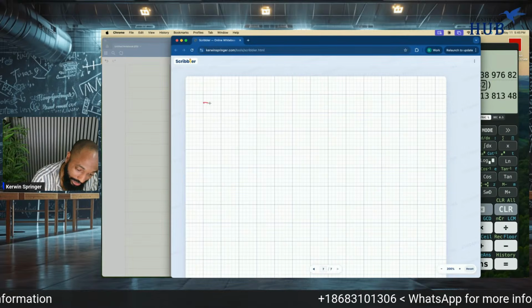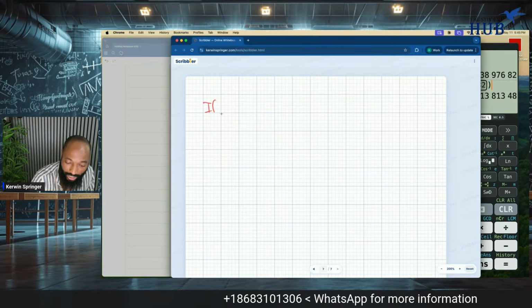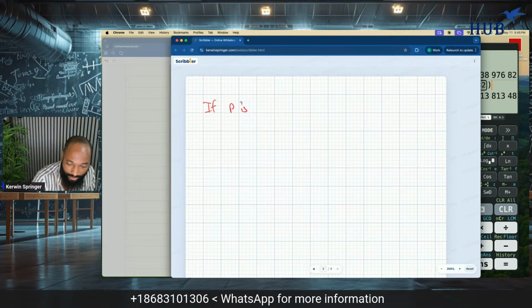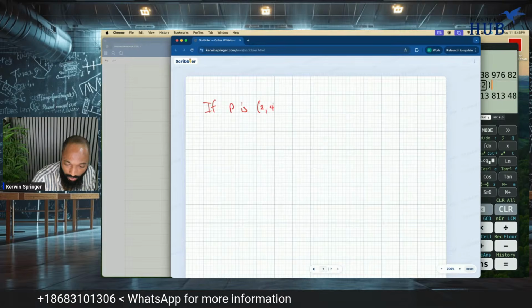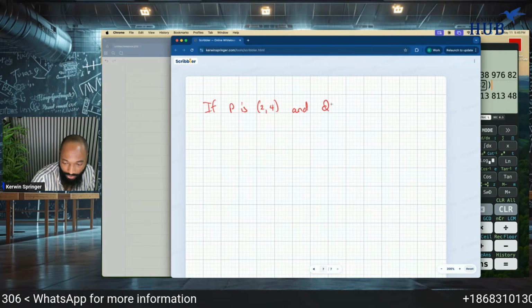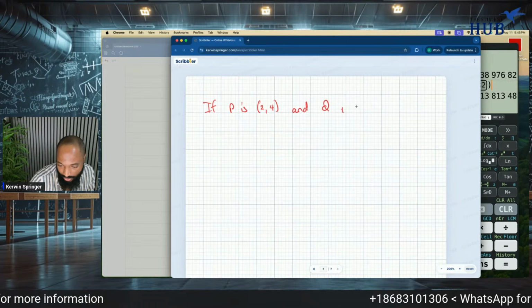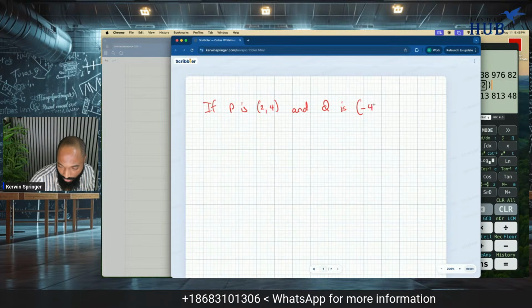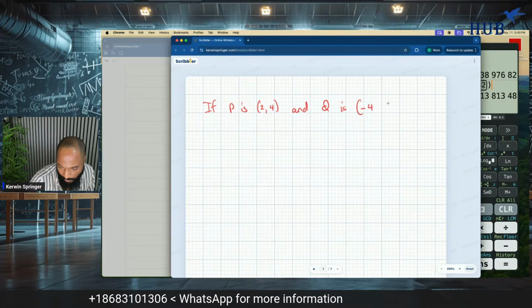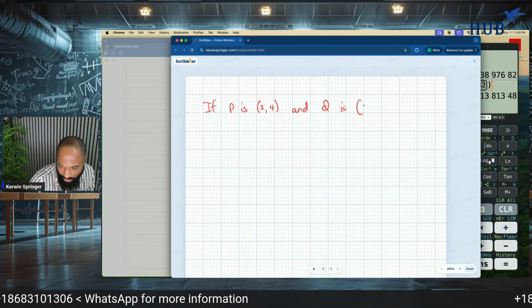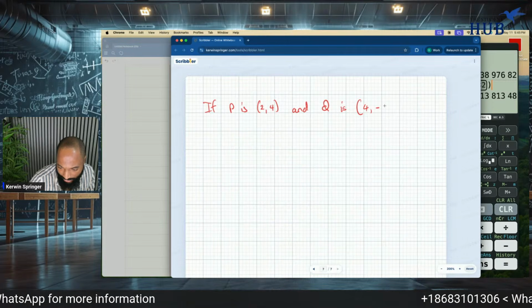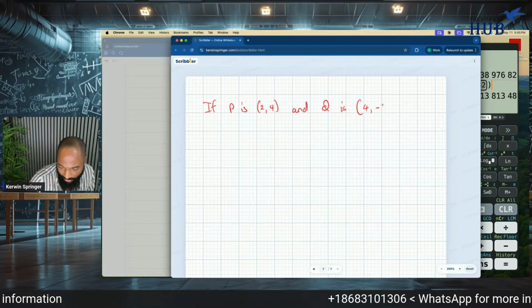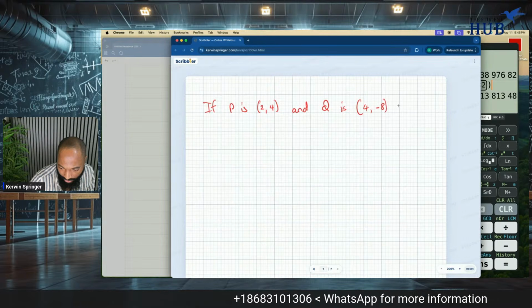So if, let's say, P is 2, 4, and Q is 4, negative 8.